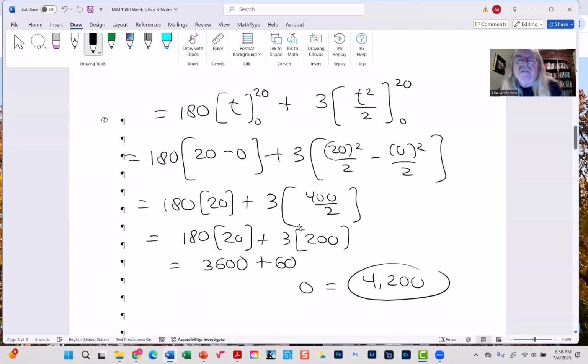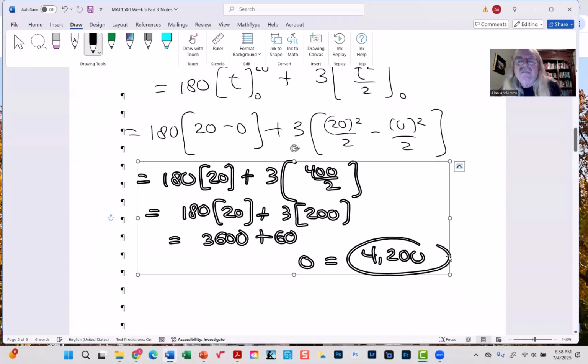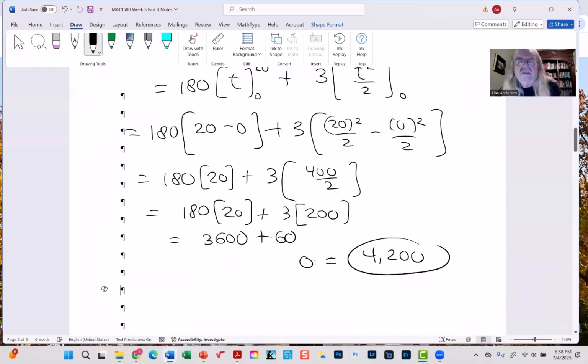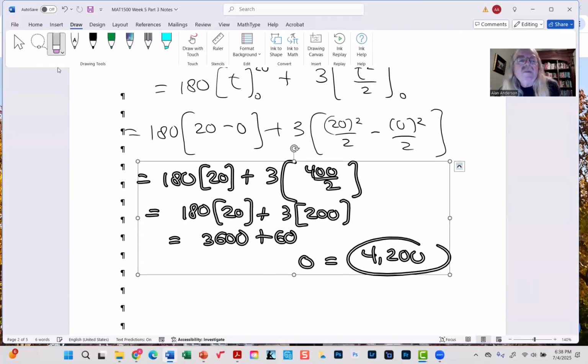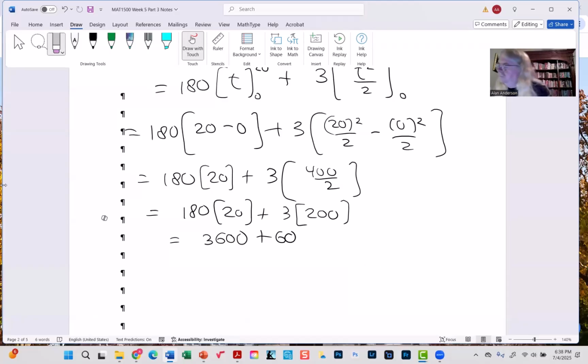So basically, what that's telling us is that after 20 minutes, okay, I don't know what happened there. Let me fix that real fast. After 20 minutes, the tank will contain 4,200 gallons. Let me just fix that.